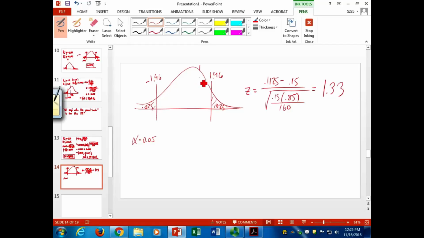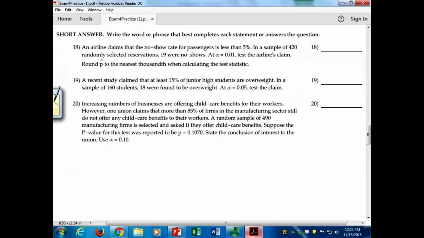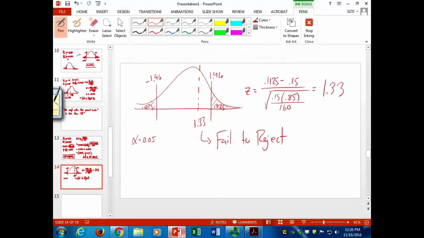Yeah, and that's also, notice, not in the rejection region. So you would still come up with the decision of fail to reject. Yeah. So if you like the formulaic way and just say, you know what, I know how to do critical values, I'm going to do critical values, then just do critical values. It'll come up with the same answer. Either way works just fine.